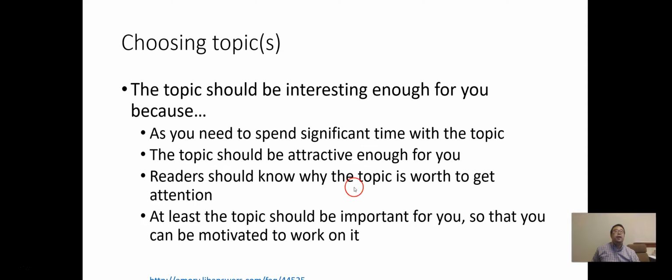Okay, choosing your topic again. Maybe you already got my comments on the proposal, but choosing your topic is the initial and very important point, because if you choose a topic that is not feasible based on the data, you cannot write the paper. So choose your topic based on the feasibility of the data, but it should still be interesting for you.